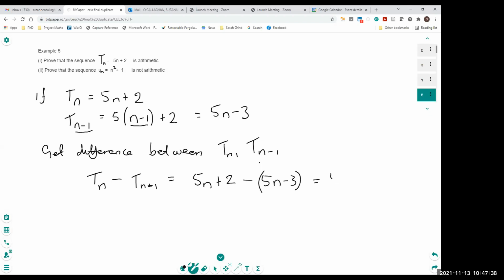What's that equal to? 5n plus 2 minus 5n plus 3 equals, so 5n minus 5n is 0, 2 plus 3 is equal to 5. There's your constant. So we know it is an arithmetic sequence.